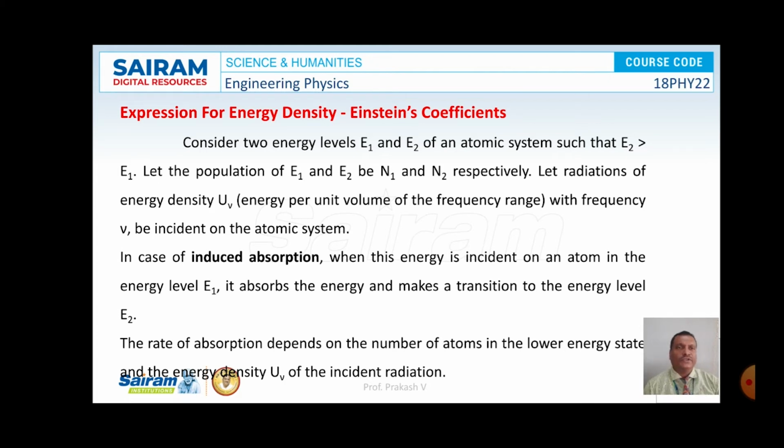So in case of induced absorption, the atom which is at E1 level absorbs energy and goes to E2 level, and the phenomenon is known as induced absorption. The number of absorptions made per second is known as the rate of induced absorption.